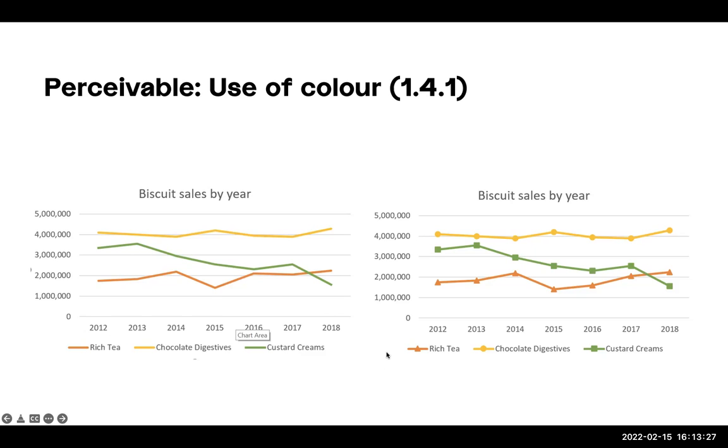For example, the chocolate digestive is represented by the yellow line here and here, but on the right-hand side chart, it's represented with a yellow line as well as circles, and the same with custard cream and rich tea. All of them have unique shapes to represent them. Think about it without seeing the color. Which one will be more accessible?